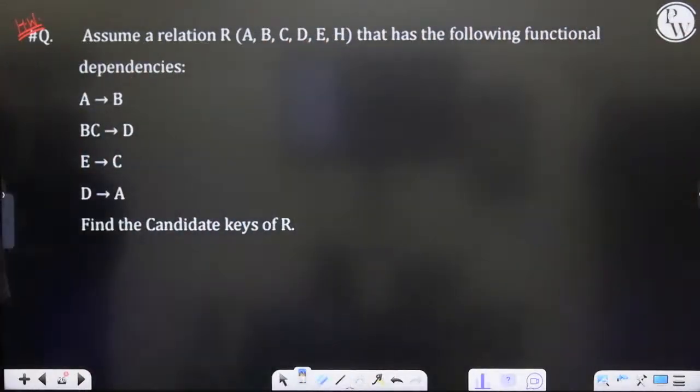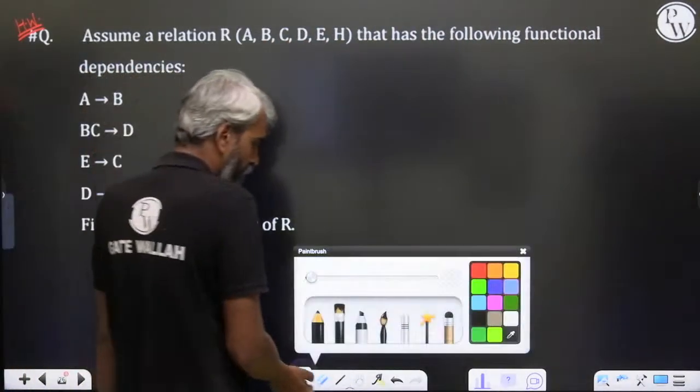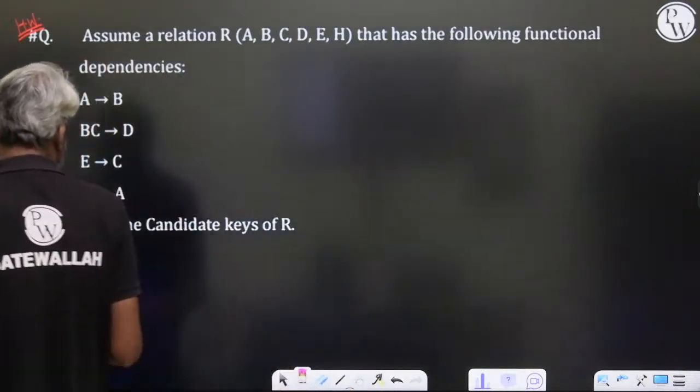Okay, come on, let's look at this. So what are the essential attributes?